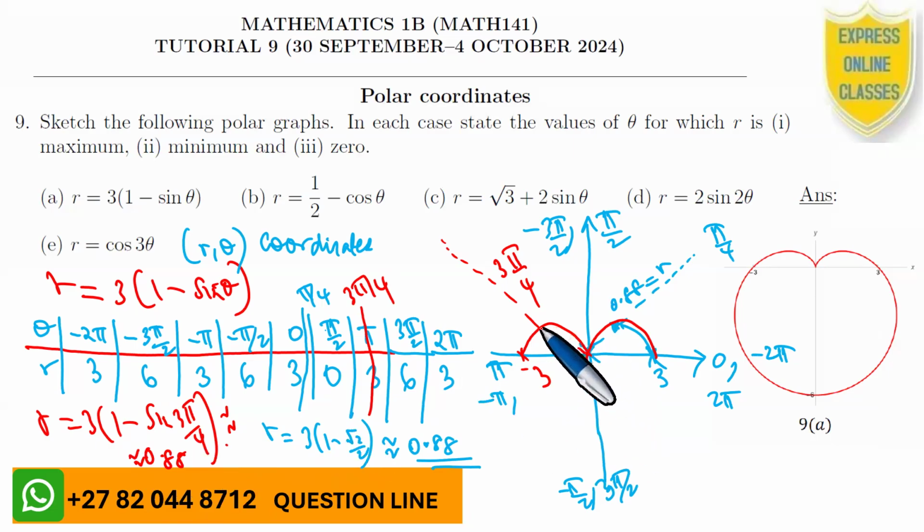So which means that when the angle is pi over 2, then you have 0.88 is this one. So it's going to match with the 3 pi over 4. At 3 pi over 2, the radius is 6. Quite big. But obviously the radius is 6 at 3 pi over 2, but you're going to take a negative.